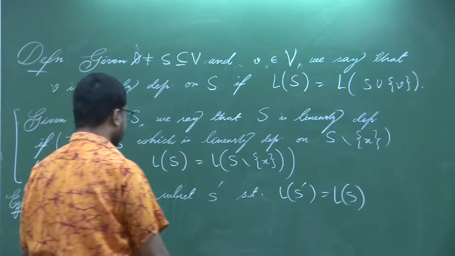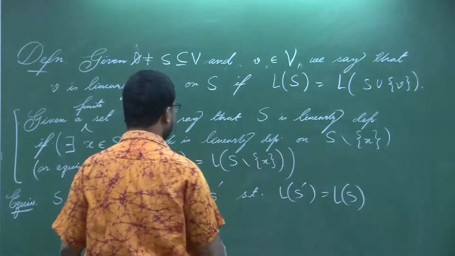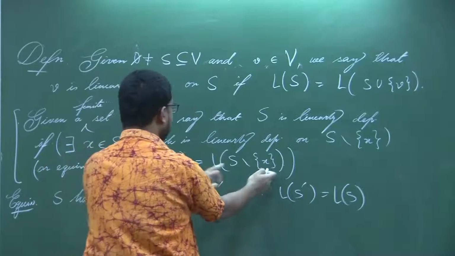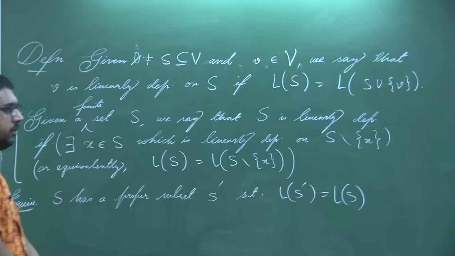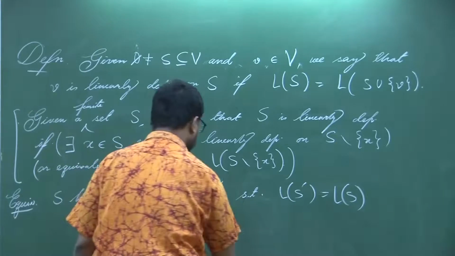Because first of all, if S is linearly dependent, then S minus x is a proper subset whose span is the same as that of S, okay, and then the converse is very simple.